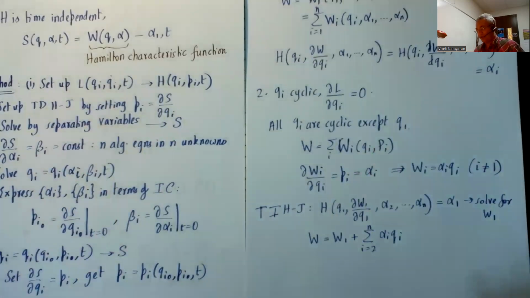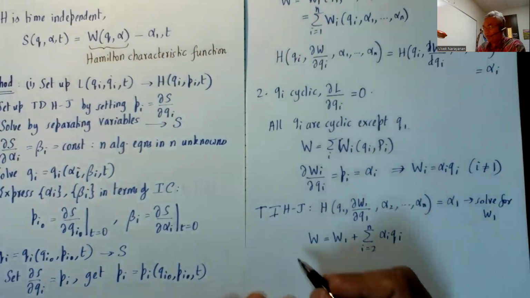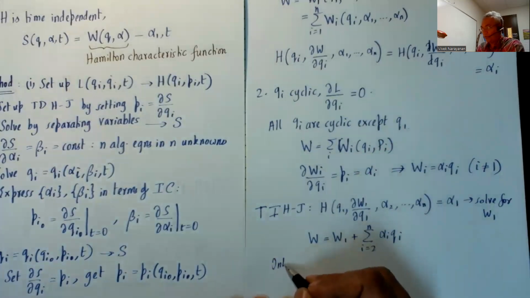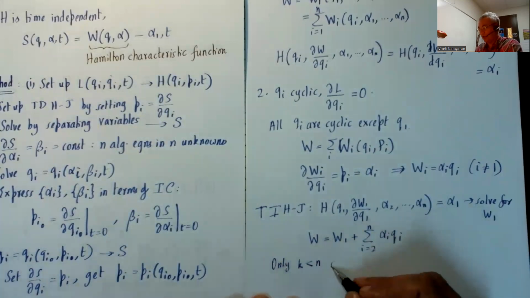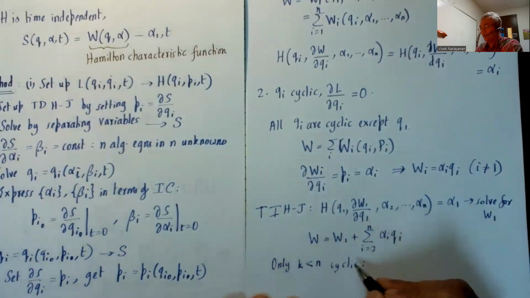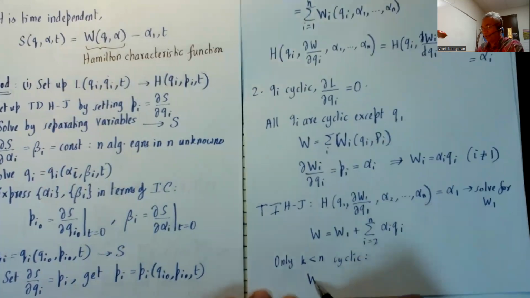That's, of course, rarely going to happen. So if only you have k of them, k less than n, to be cyclic, then this procedure will be less rewarding. So you're going to get W equals W1 plus Wn minus k. So these are the non-cyclic guys.